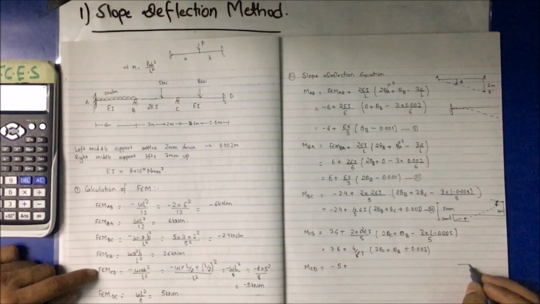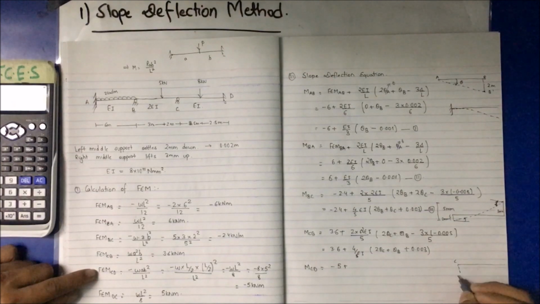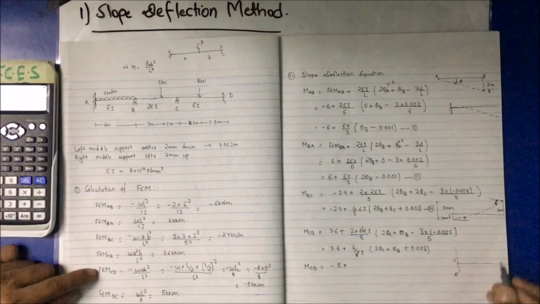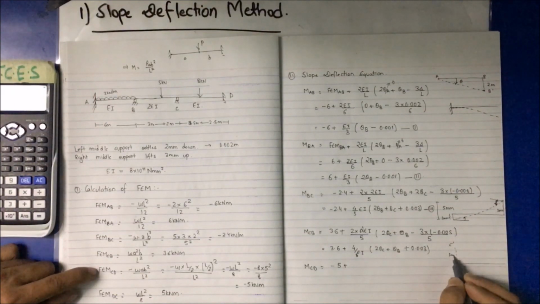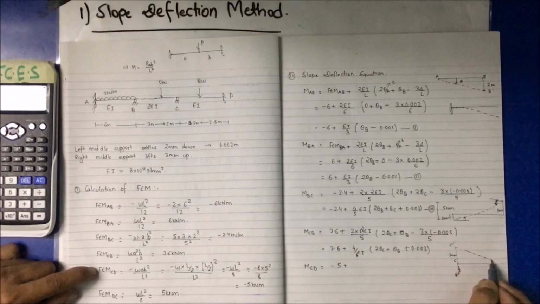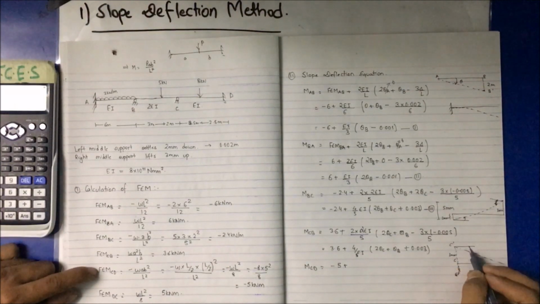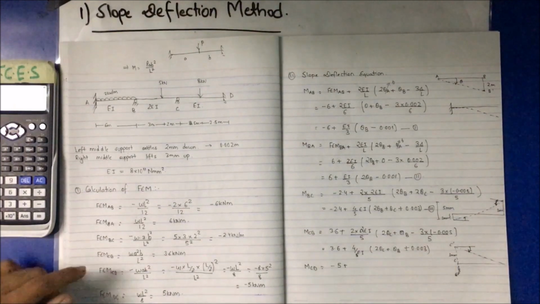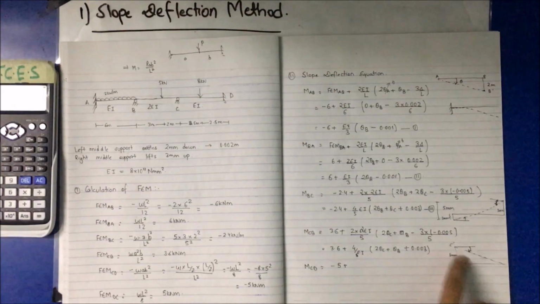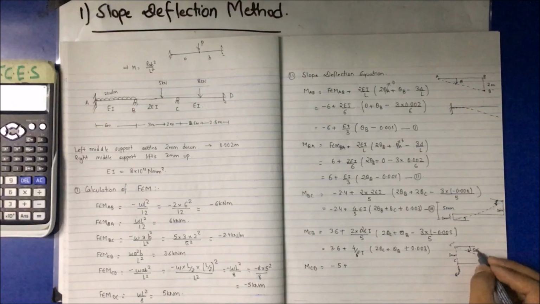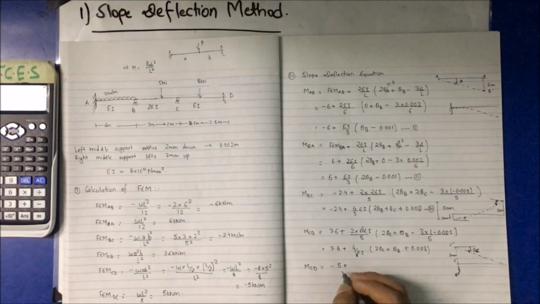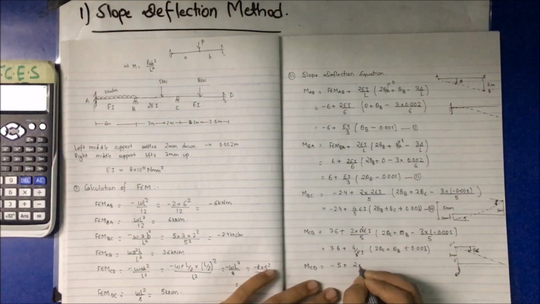Now again the displacement. Here you can see C settles, C dash by 3 mm, and we see it makes a clockwise angle with the tangent. So this becomes positive theta C, minus 5 twice EI.